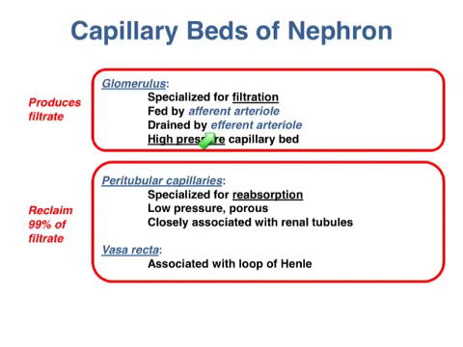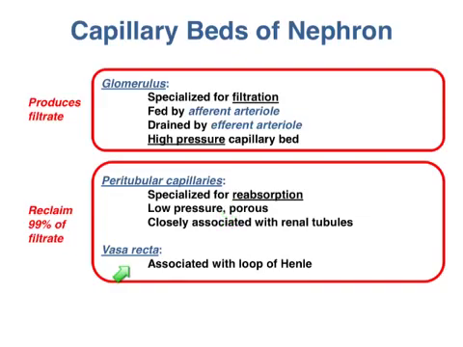Blood flows from the efferent arteriole into the peritubular capillaries, and the peritubular capillaries are a more normal capillary bed, very low pressure, drained by venules. And these guys are closely wrapped around the renal tubules, and they're also highly porous, so that substances that have left the tubules and entered into the interstitial space can be taken back up into the peritubular capillaries and returned to circulation.